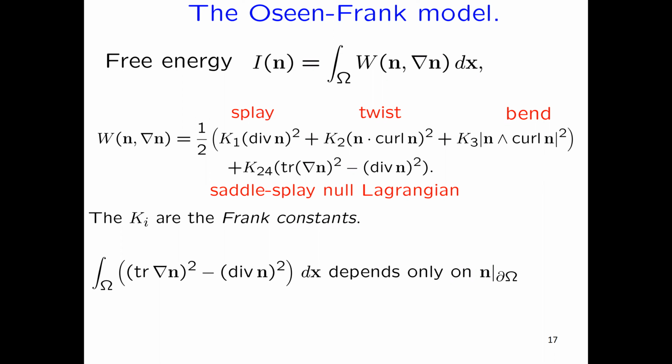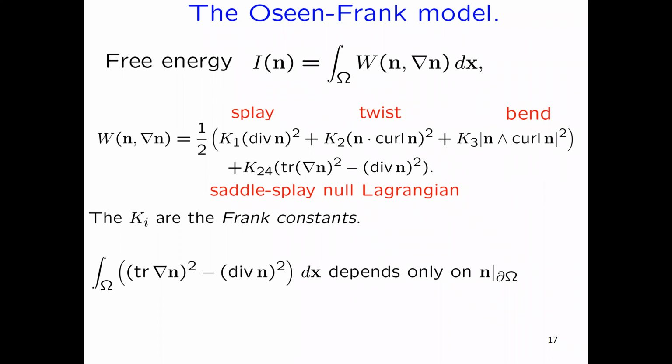There are more sophisticated ways of doing it that don't involve having regularity on the boundary and so on. In any case, the integral of this last term, if we have boundary conditions in which we specify n on the boundary, will be independent of n.